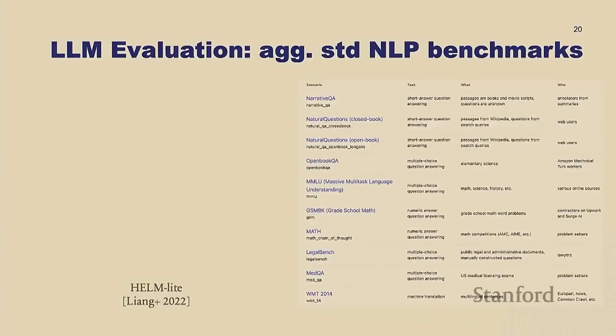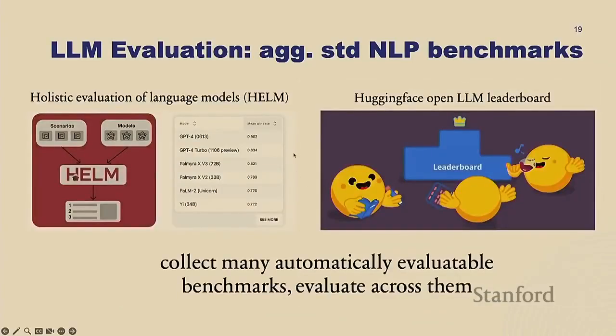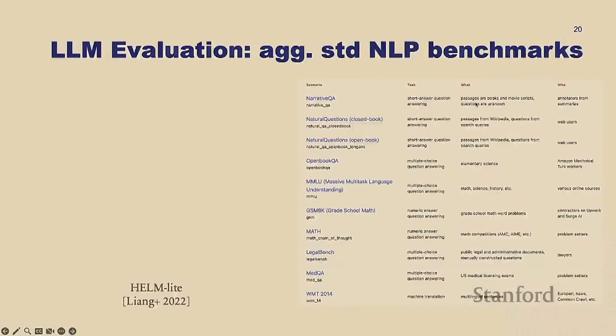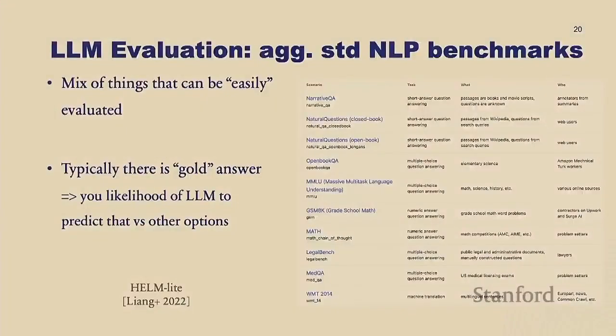Two such benchmarks are HELM, which is from Stanford, and the Hugging Face Open LLM Leaderboard, which are probably the two most common ones right now. Just to give you an idea, in HELM there are many types of tasks, mostly things that can be easily evaluated, like question answering. Think about many different question answering tasks. The benefit with question answering is that you usually know what the real answer is.